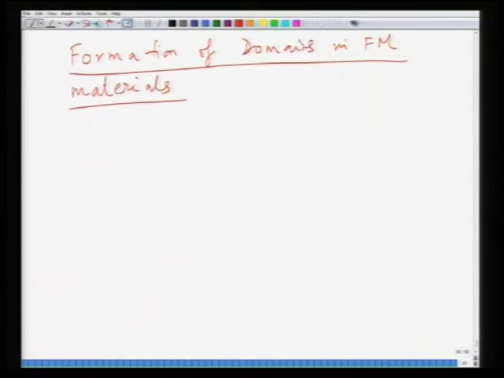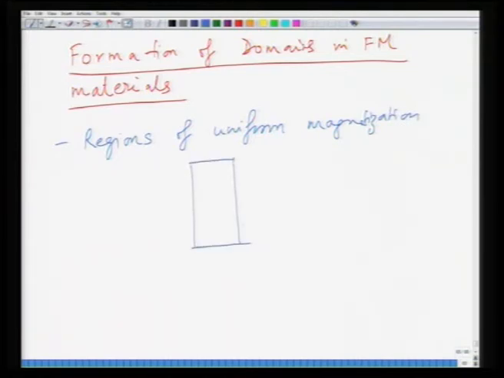Now, domains, as we know from our discussion in ferroelectrics, are regions of uniform magnetization. So, you can have a state like this. Let us say this is north, this is south. So, if this whole volume of this material has magnetic dipole pointing in this direction, then this is a monodomain state. So, this is a domain.